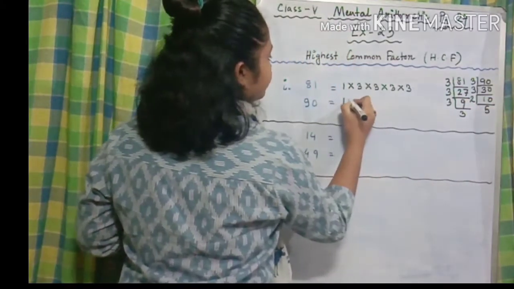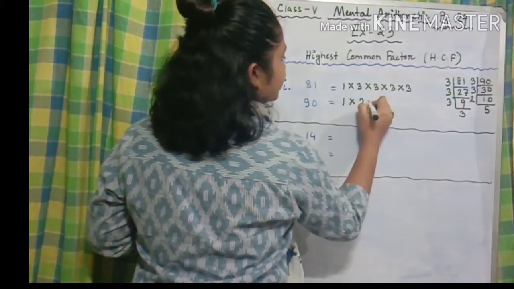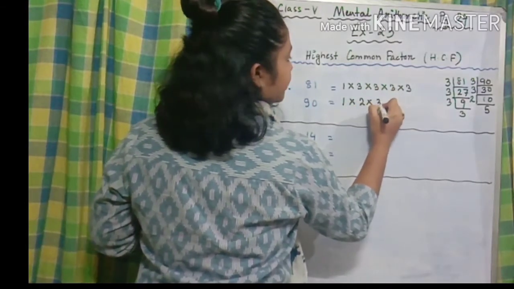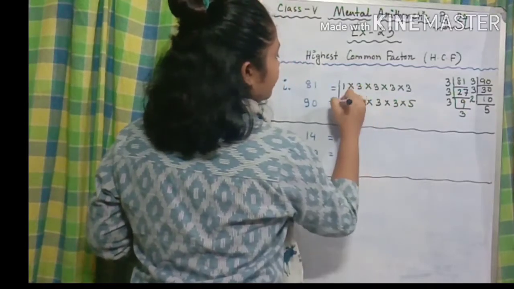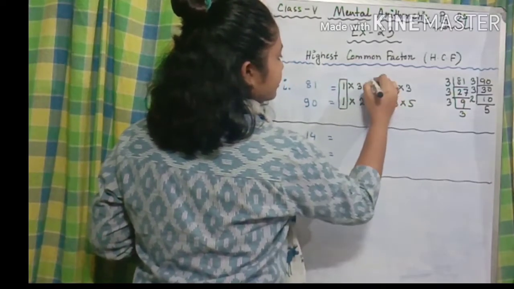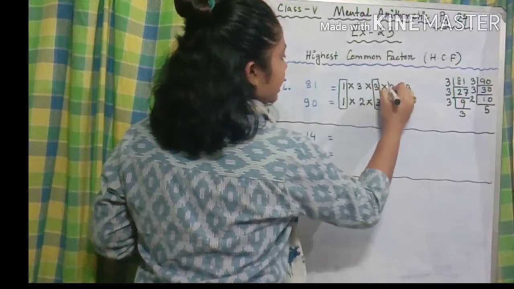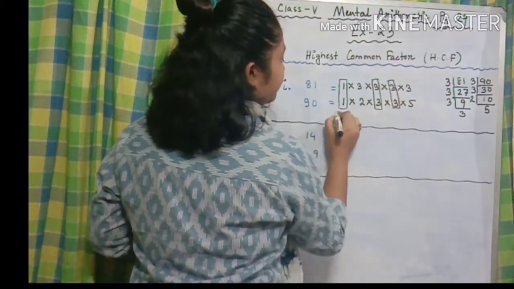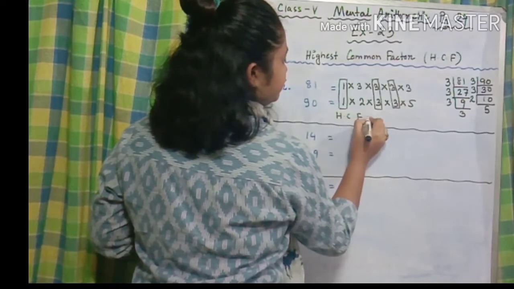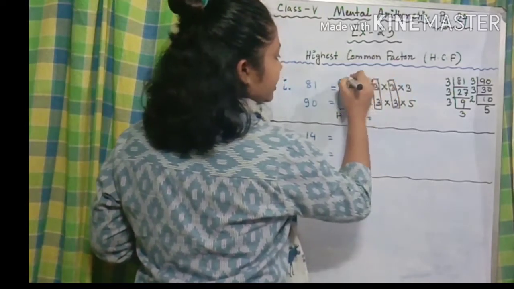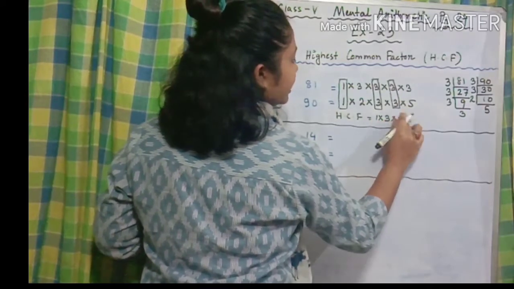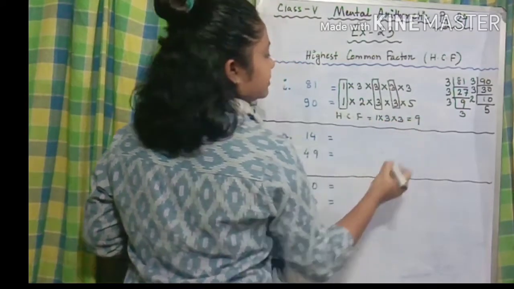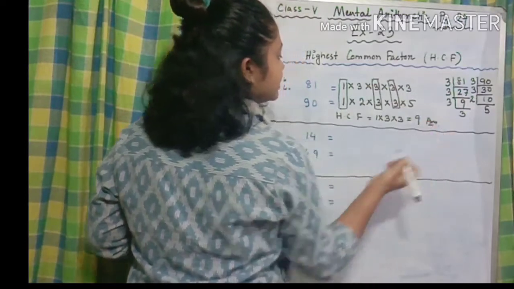So here 1 into 2 into 3 into 3 into 5. Now what is the common one? Here 1 is common, 3 is common, another 3 is common. So what can be its HCF? That is 3 into 3 into 1, that is 1 into 3 into 3, that is 9. So here 9 is the answer.